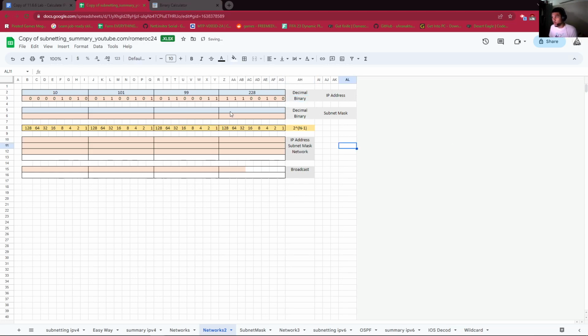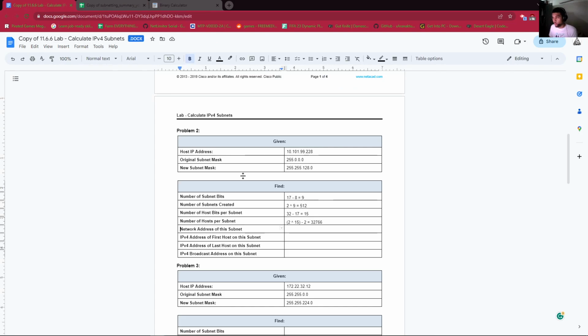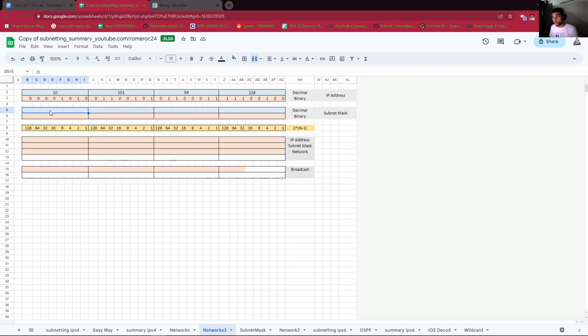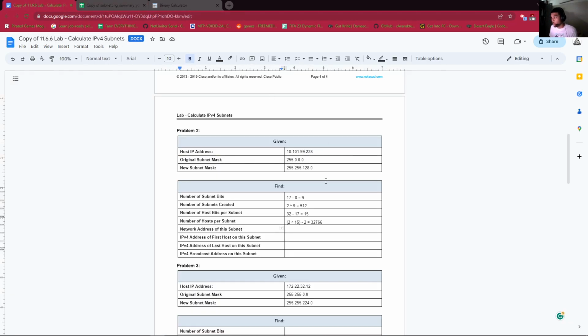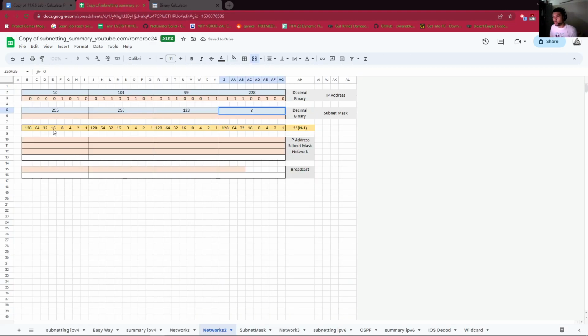So this is the binary for the IP address, and then we need to take the subnet mask. 255, 255, 128, and 0. Is it? Yes.